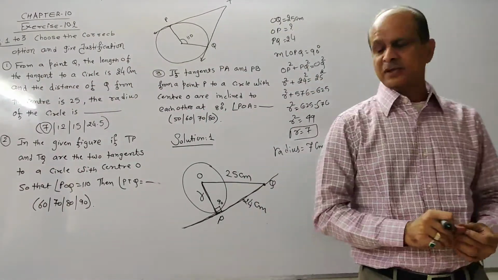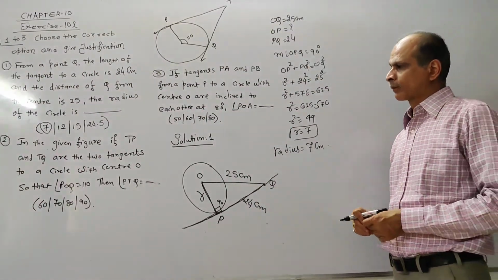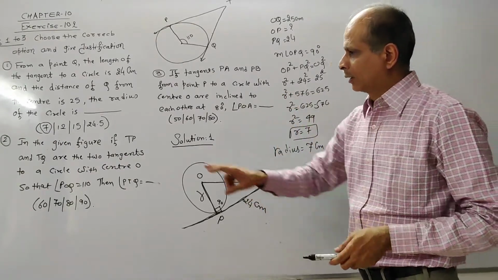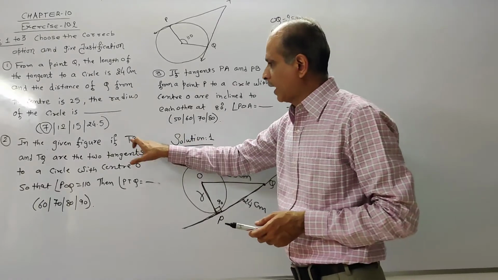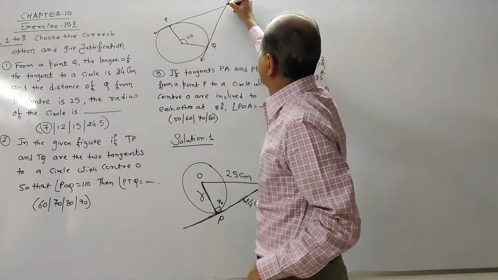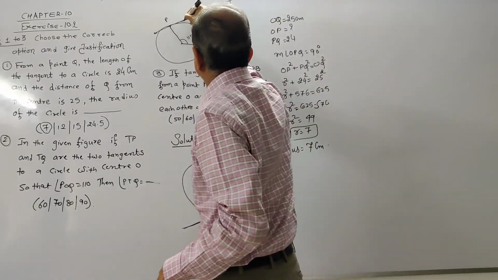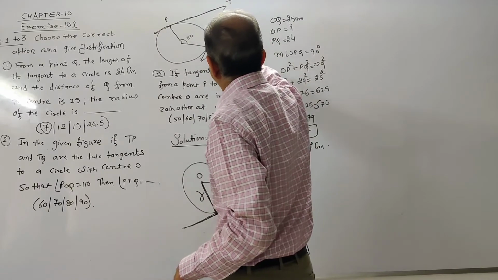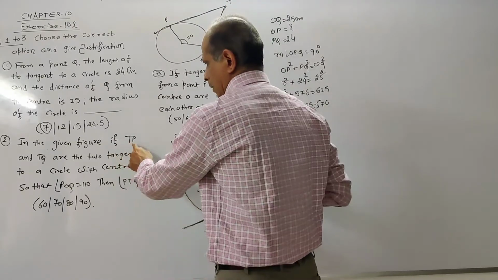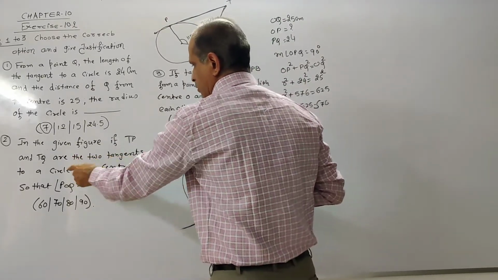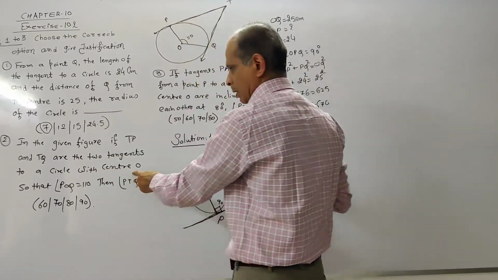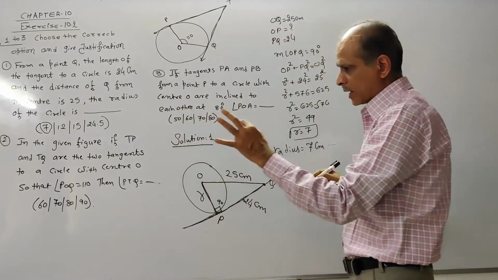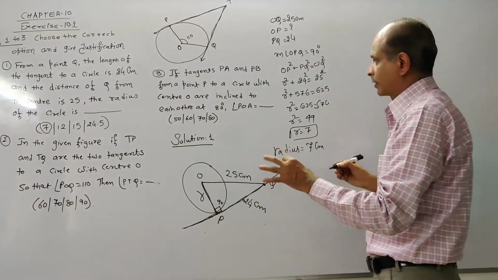Well, now let me start example number 2. Here a figure is given to you. In the given figure, TP and TQ, well, from the point T, so TP and TQ are the two tangents of a circle with center O, so that measure of angle POQ is equal to 110.